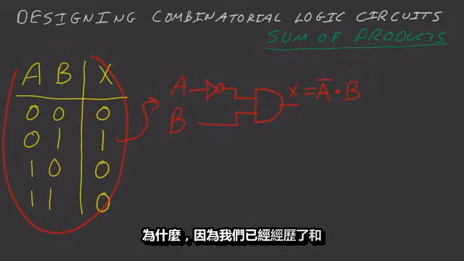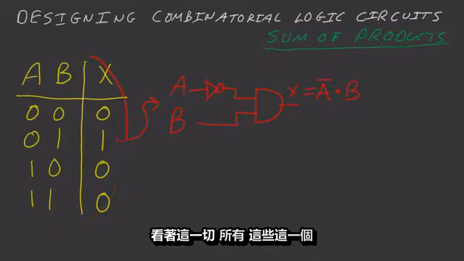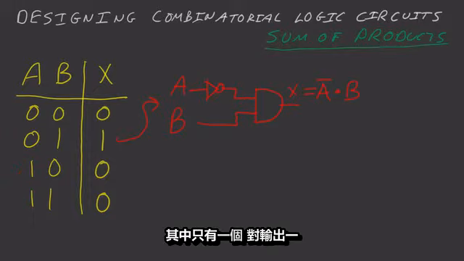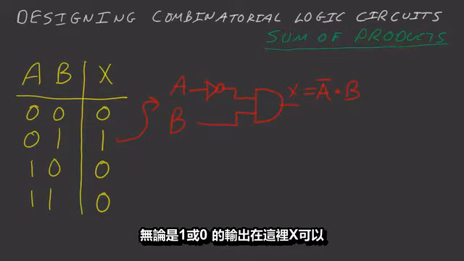Why? Because we've gone through and looked at all of these rows, and only one of them has a 1 on the output. And because this is digital logic, it's either a 1 or a 0.